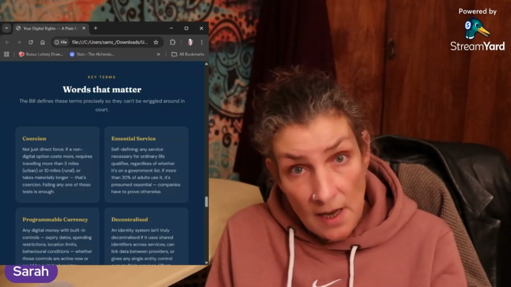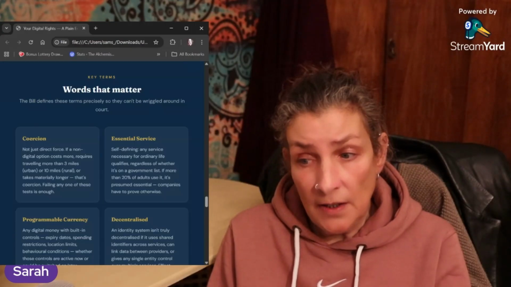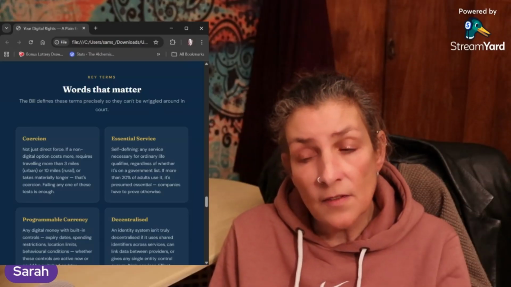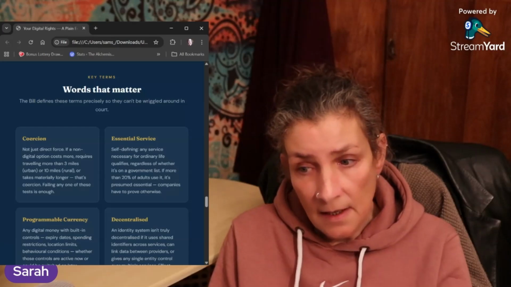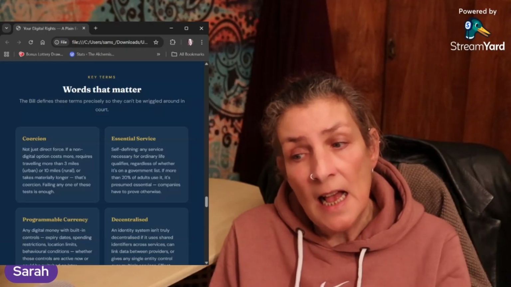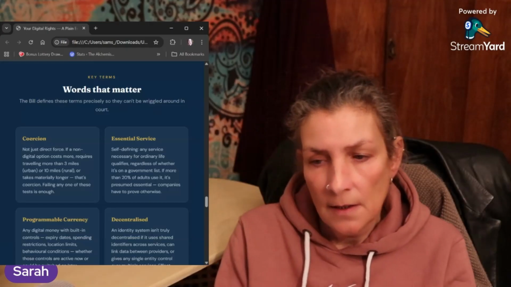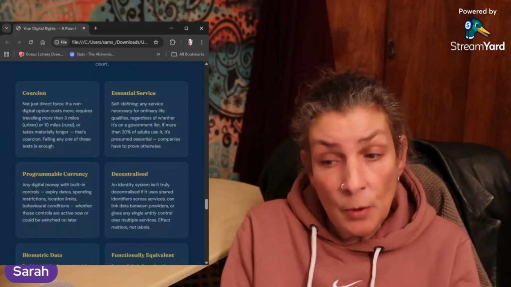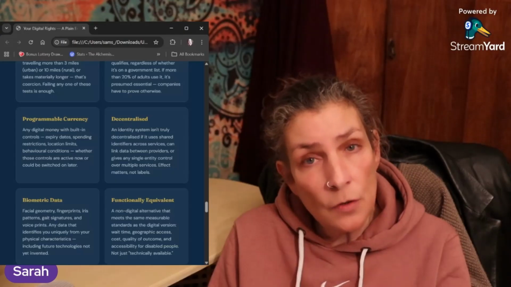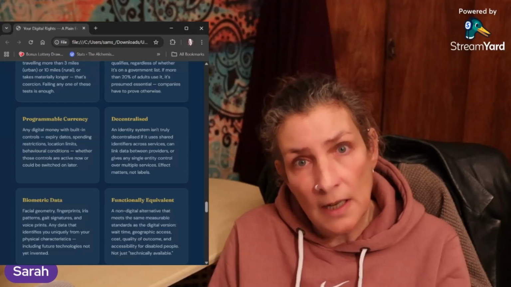An essential service. Self-defining, any service necessary for ordinary life qualifies, regardless of whether it is on a government list. If more than 20% of adults use it, it's presumed essential. Companies have to prove otherwise. Programmable currency as a term: any digital money with built-in controls, expiry dates, spending restrictions, location limits, behavioural conditions, whether these controls are active now or could be switched on later.